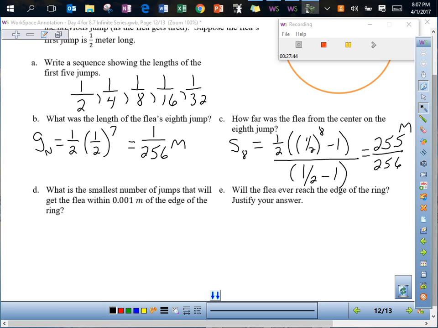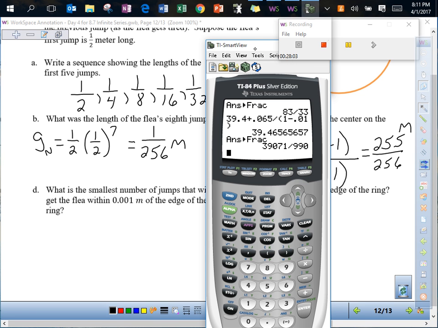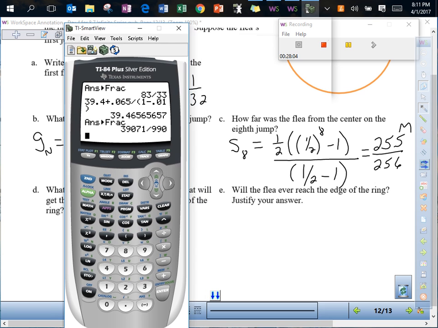On part D, what's the smallest number of jumps that will get the flea within 0.001 of a meter of the edge of the ring? Well, guys, there's 2 ways to do this one. A little trial and error, and I'm going to show you a trick on the calculator. So let me bring my calculator back out. Let's type in that little formula that I just had there.